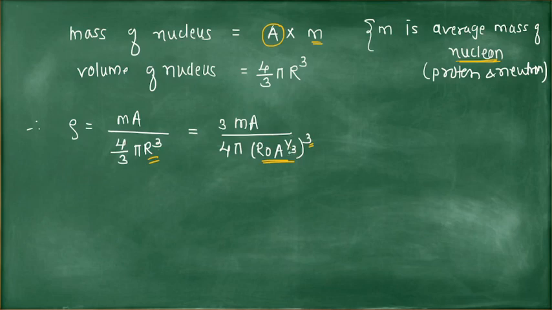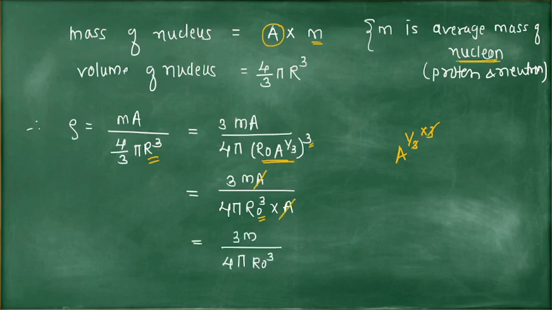And if you solve this, then you will get 3mA upon 4 pi R0 cube times A raised to 1 by 3 raised to 3, which means A raised to 1. So A and A get cancelled. So rho is 3m upon 4 pi R0 cube.